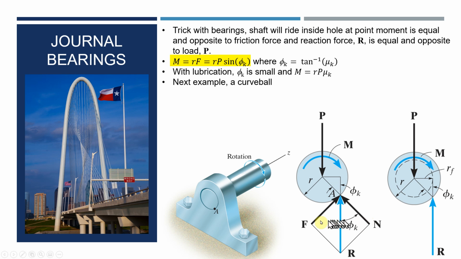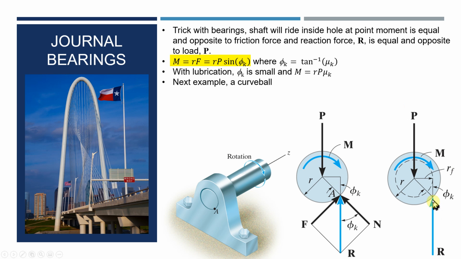And we can write an expression between N and F. So for a bearing, when a bearing will start to move, we would use the phi s, whereas when it's already moving, we would use the phi k. With lubrication, phi k can be very small. And most of the time when you have bearings, you want them to move. So phi k can be quite small. And then we'll throw you a curveball. Next example throws you a curveball.